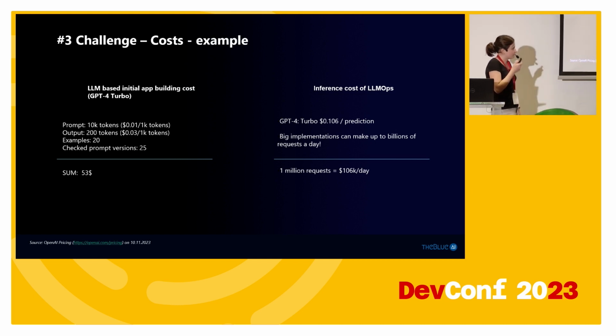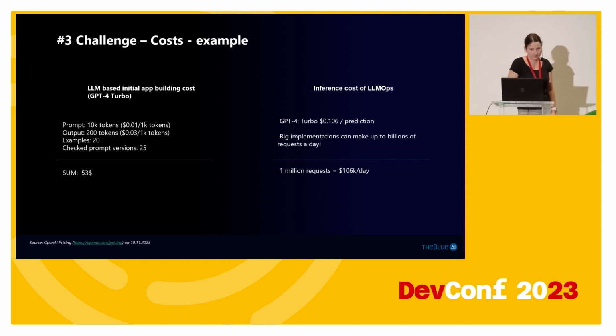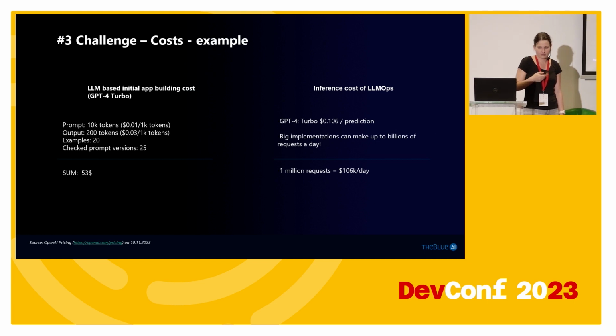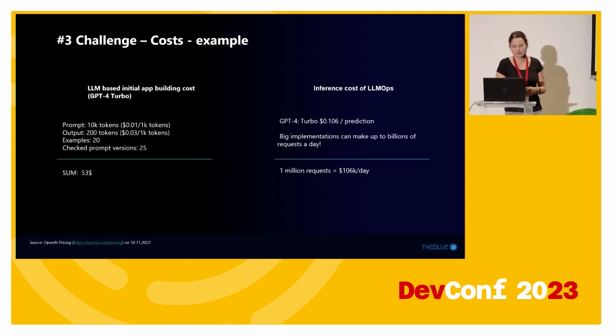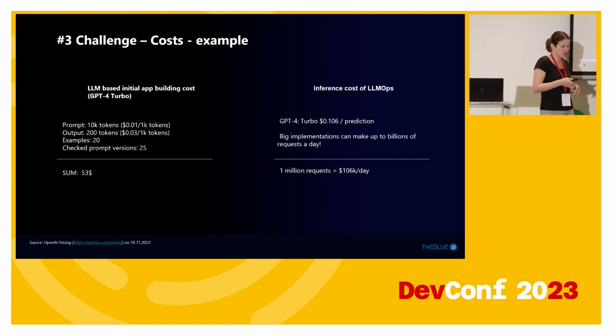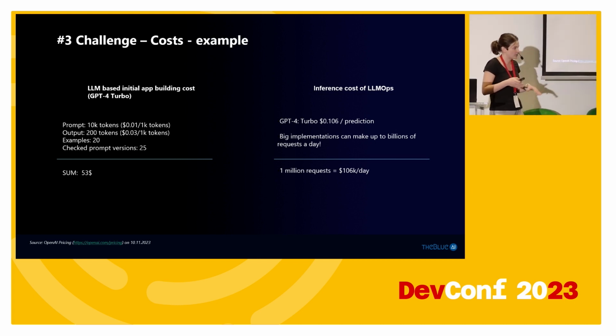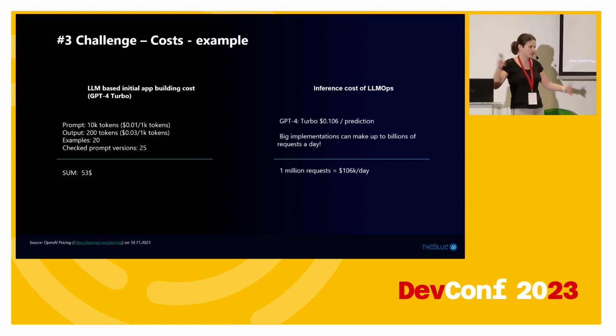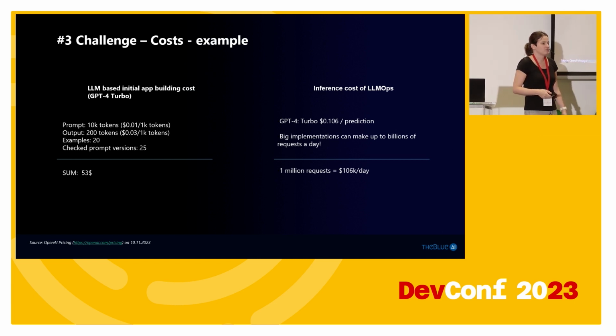But if we look at the inference side of things, one call, one request, costs about 10 cents. And if we think about some of the production implementations where you make really many calls, or chat applications where your context is getting longer, longer, and longer, you have to think about the end results of your solution.